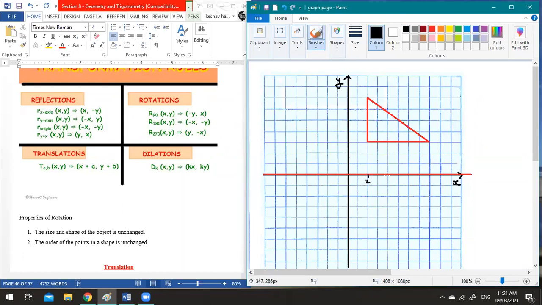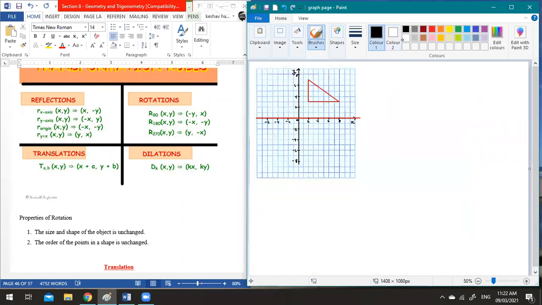This will be 2, 4, 6, 8, here 0, -2, -4, -6, 2, 4, 6, 8, -2, -4, -6, -8. Right? So let's deal with reflections first.